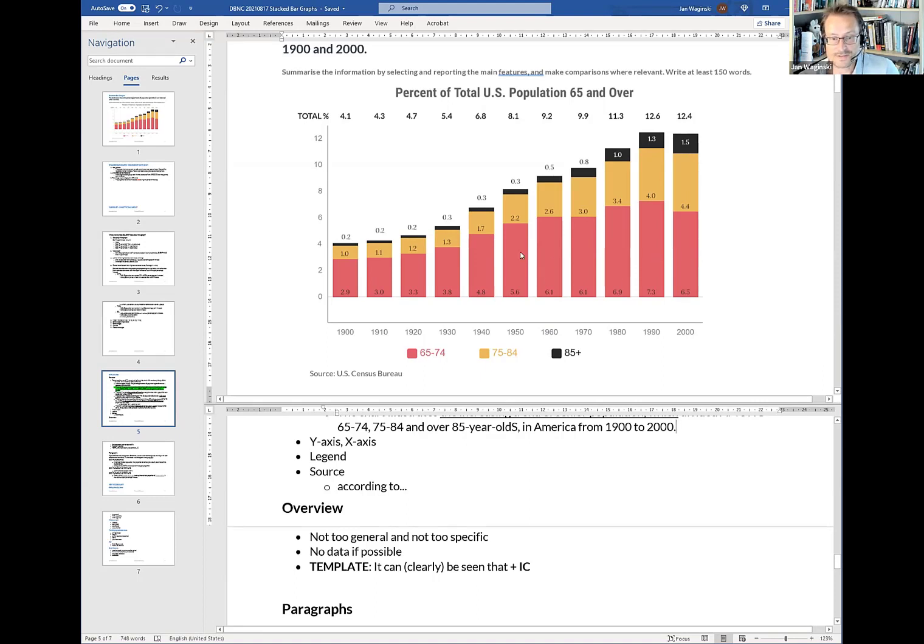Now, we have to be very selective about what we include in the general overview. We don't need to include all of it. But what can we say is generally true about this pattern? So yes, the total senior population grew steadily for most of the studied period, except the very last period.